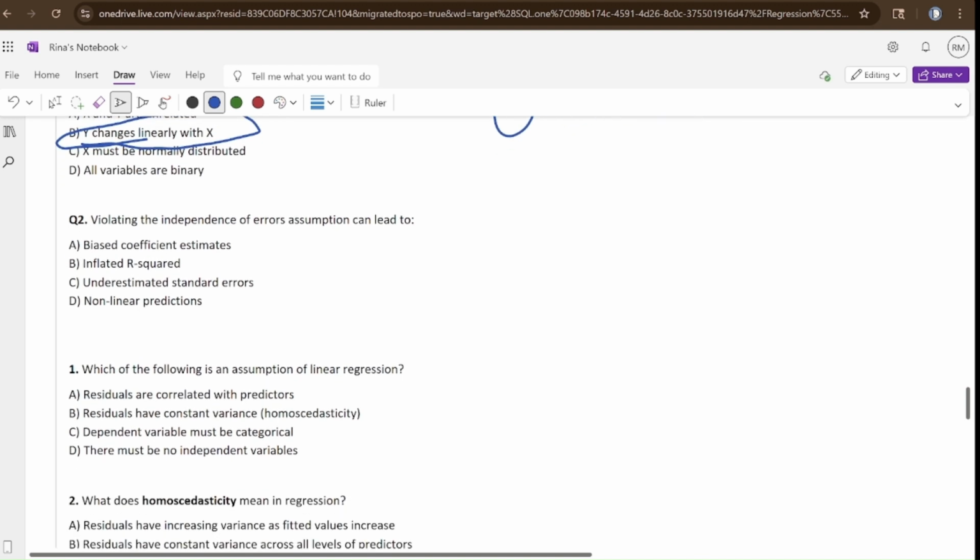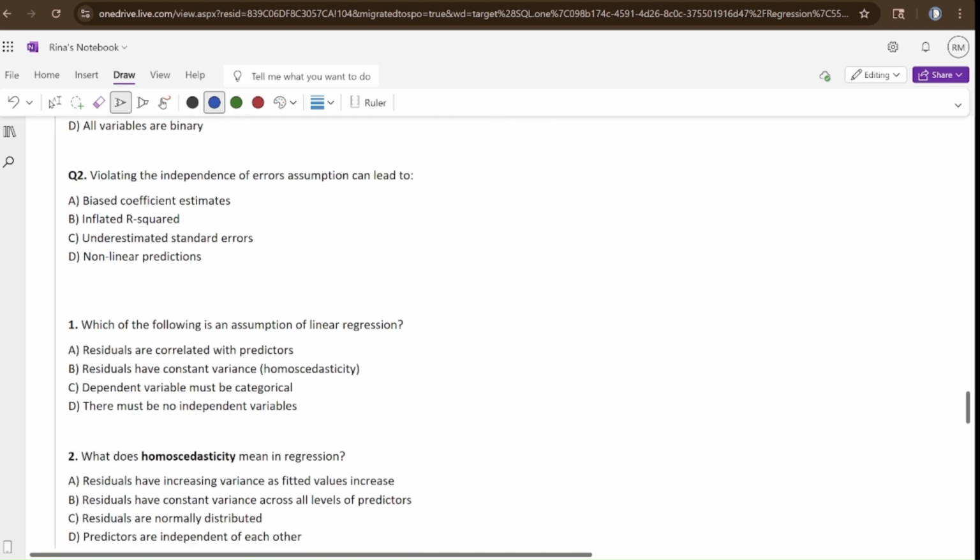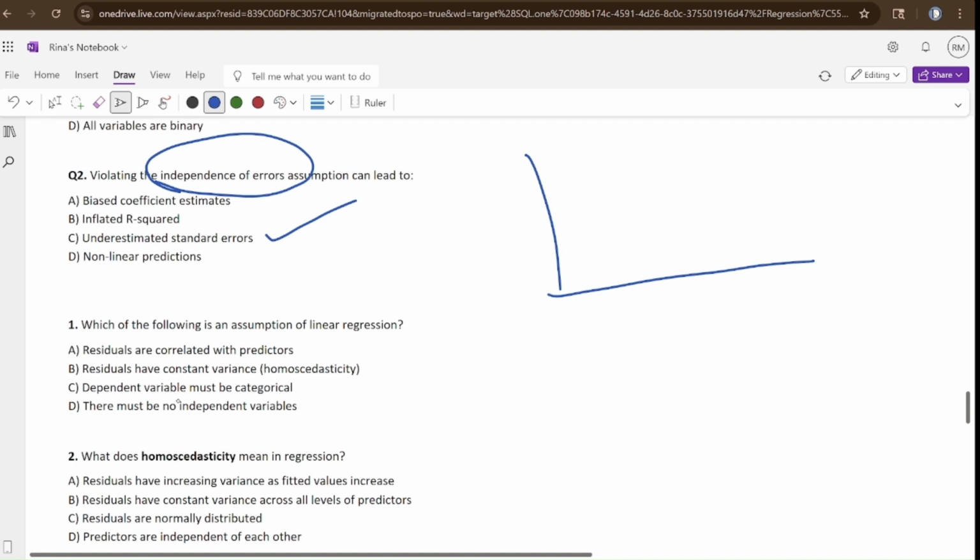Now, violating the independence of error assumption can lead to underestimated standard error. That means every error will be independent. See, if your data points are like that and this is your prediction, this error doesn't vary this error.